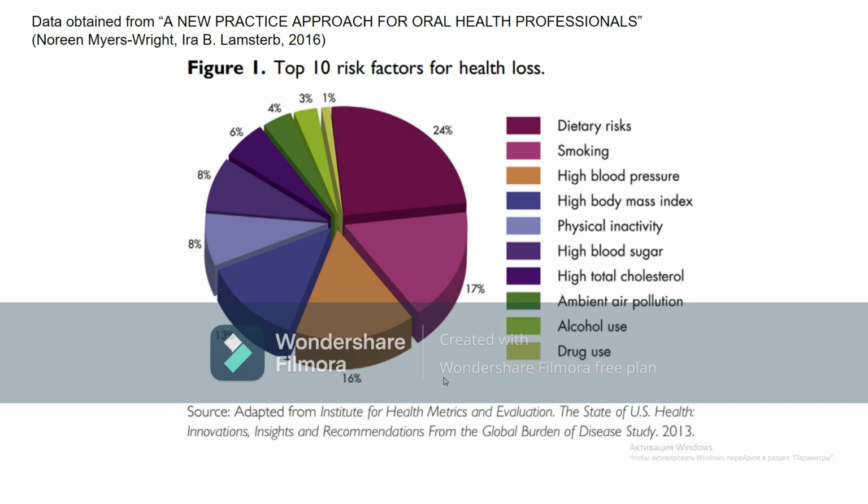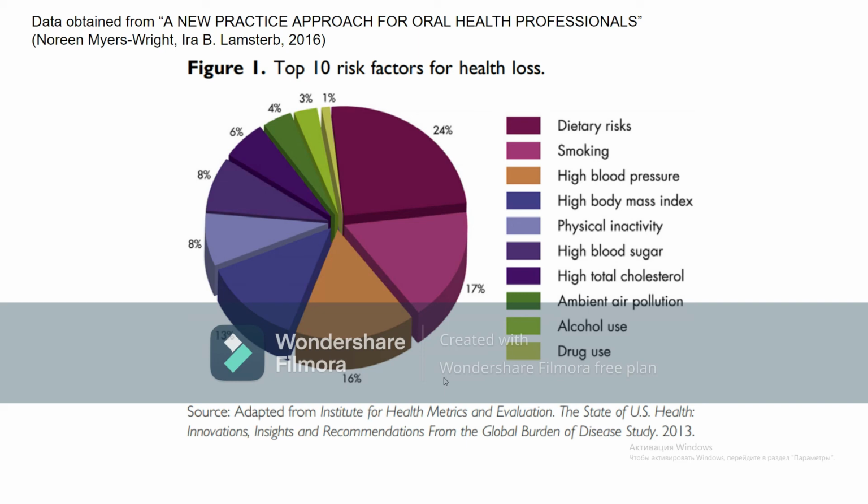So dietary risks and smoking, two major health related factors that should be taken into account. And the point is both these health related issues are manageable, so we can change them.